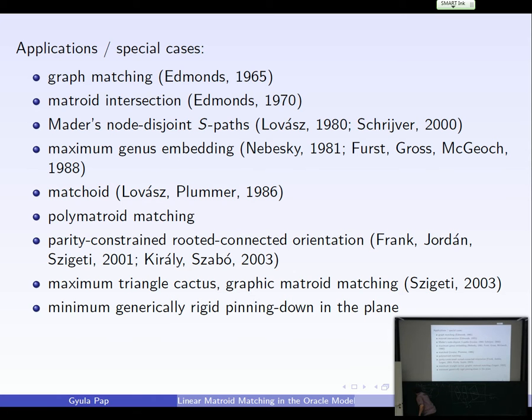Then there is the triangle cactus. We have a 3-uniform hypergraph.